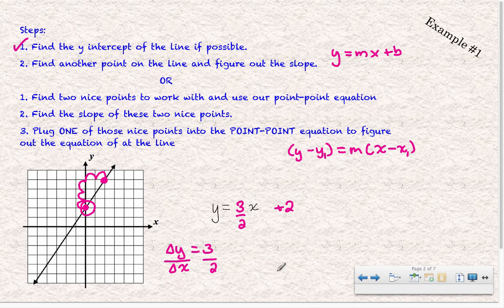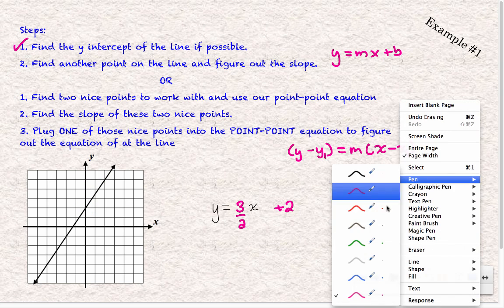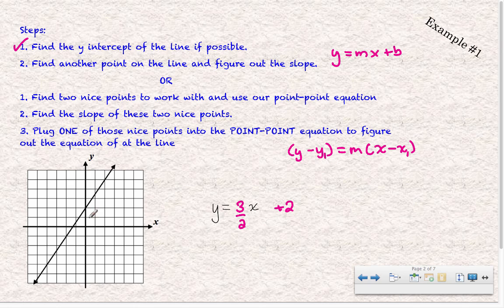So that means if I pick any point that's on that line, it will work in the equation. So let's say I pick this point right here. That's the point -2, -1.